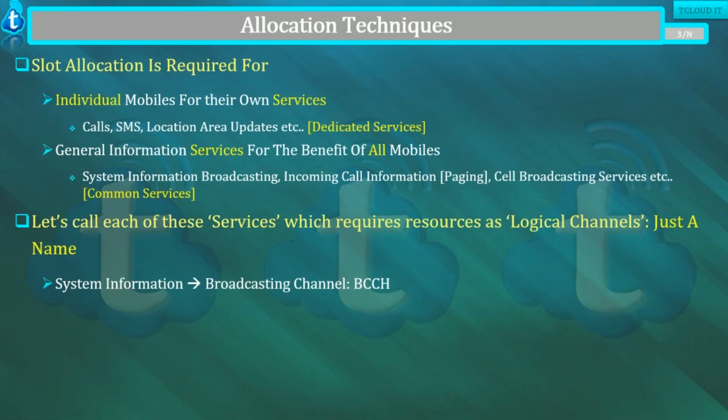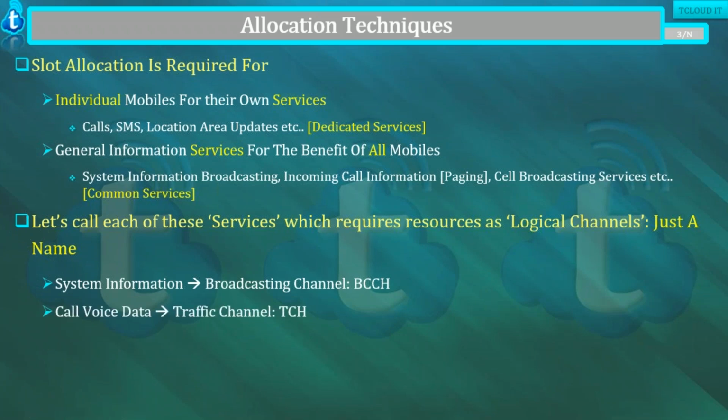It is a name. So we are just giving a name to each kind of data. All the data is ones and zeros, but for each group of ones and zeros, we are giving a name. So this system information data is now called as BCCH data or broadcasting channel data. Just a name. If they are giving a name, there is no harm in it. Let them give the name, not a problem.